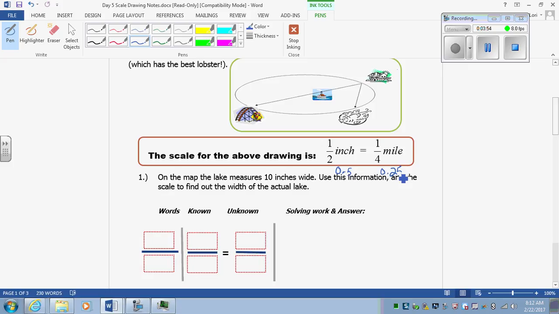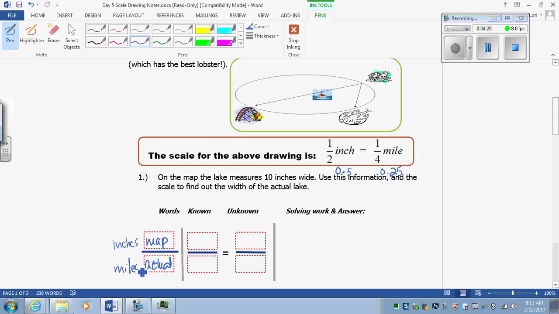What we know is the measurement on the map, and we need to know what the actual is. So I'm going to put down actual in my denominator. My map is measuring distance in inches, and the actual distance is going to be expressed in miles.